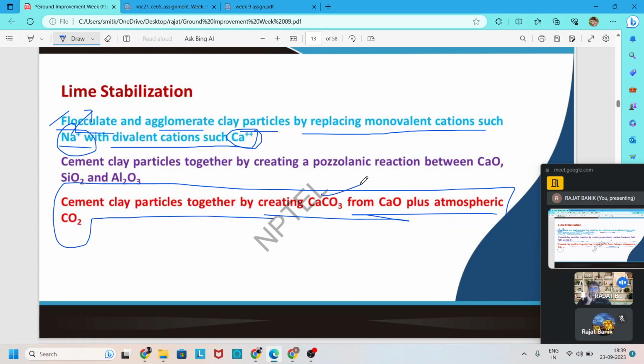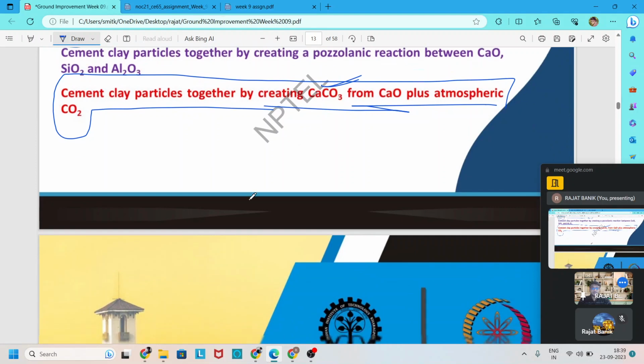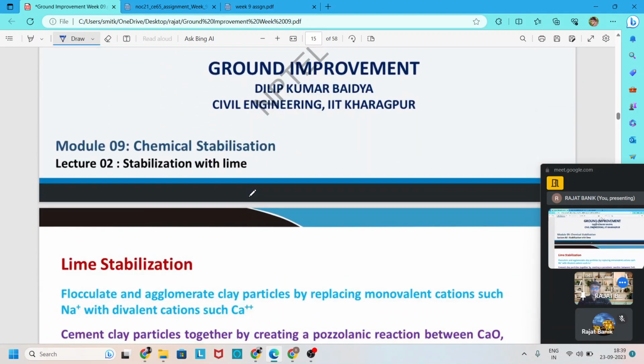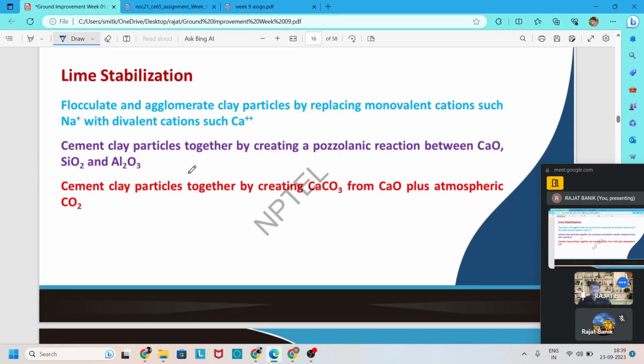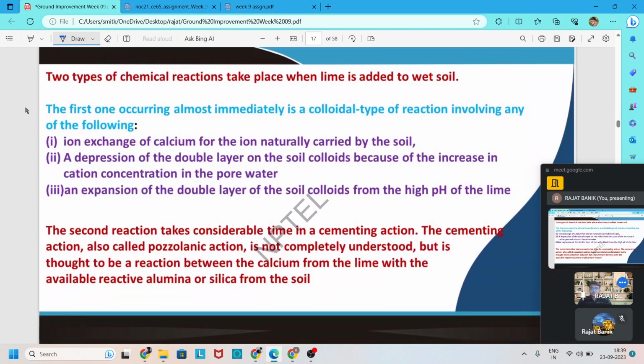And we also know that calcium carbonate is a good cementitious material too. So further, now we discuss the chemical reactions that happen with lime.